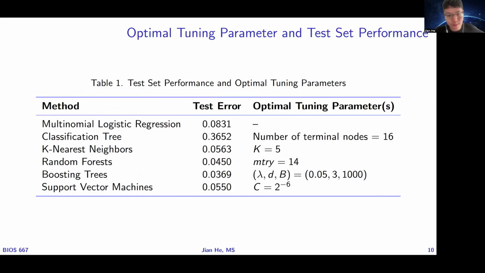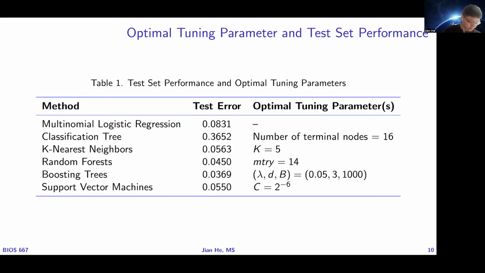We can see that the boosting trees achieved the best predictive performance amongst all the methods considered, followed by the random forests with a test error of 0.045. So the prediction accuracy for these two methods was around 96%.